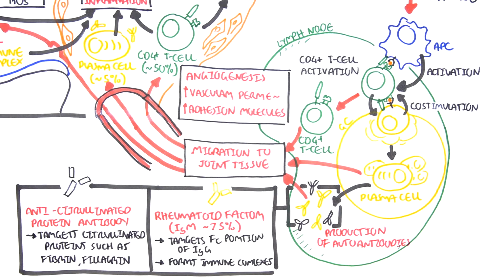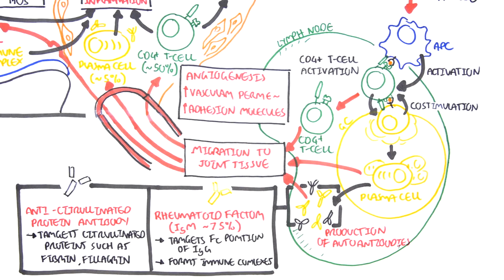And this sort of change makes them seem foreign to the body. That is why, when we have modifications of our autoantigens, such as citrullination, our body thinks it's foreign. And unfortunately, in our joints, we have these sorts of tissues. So that's how this antibody contributes to the pathophysiology.